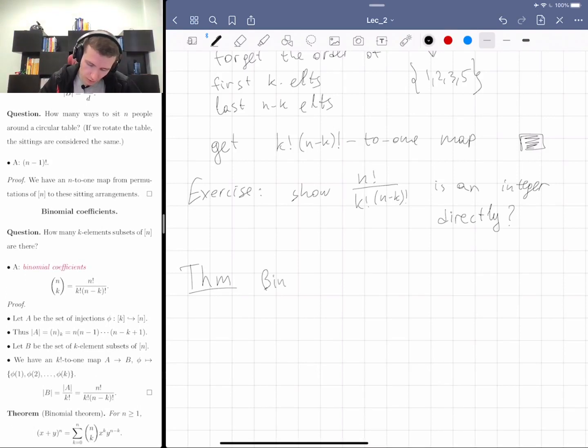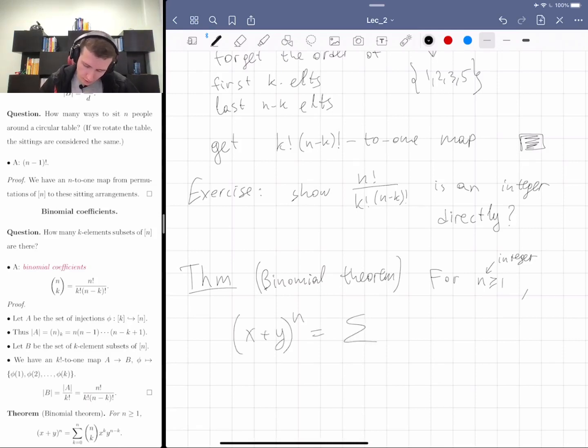I'm only going to use it for integer powers. So for n a positive integer, if you take x plus y to the n, then it expands as a sum of n choose k, x to the k, y to the n minus k.